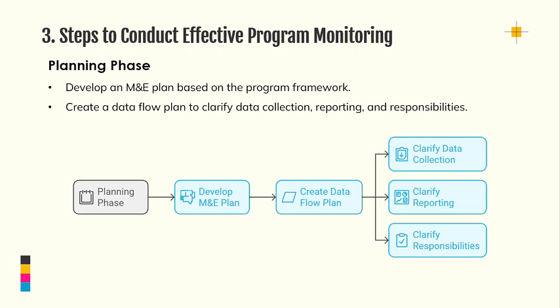Create a data flow plan to clarify data collection, reporting, and responsibility. This is something we talked about in module 2. How is data going to move? You clarify the data collection tools, the reporting, and the responsibility.